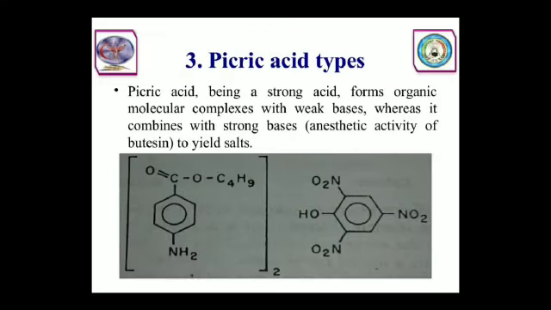Picric acid complexes. Picric acid is a strong acid and forms organic molecular complexes with weak bases, whereas when it combines with strong bases, it gives salts. Next, the complex butesin picrate is used as an anesthetic agent.